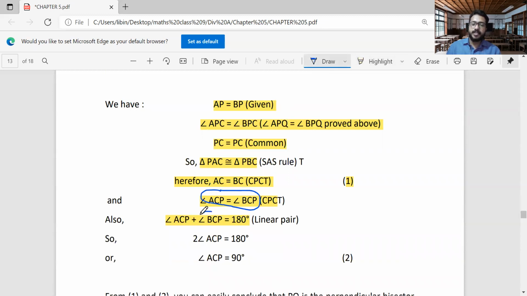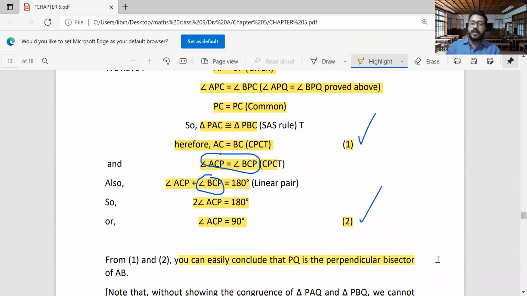Instead of angle BCP, I am writing angle ACP. So 2 times angle ACP is equal to 180 degrees, and angle ACP is equal to 90 degrees. So from equations 1 and 2, you can say that PQ is a perpendicular bisector of AB.